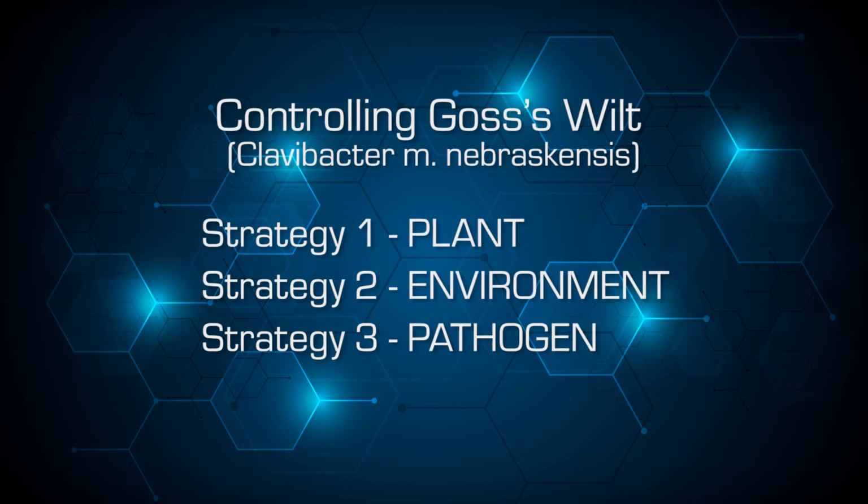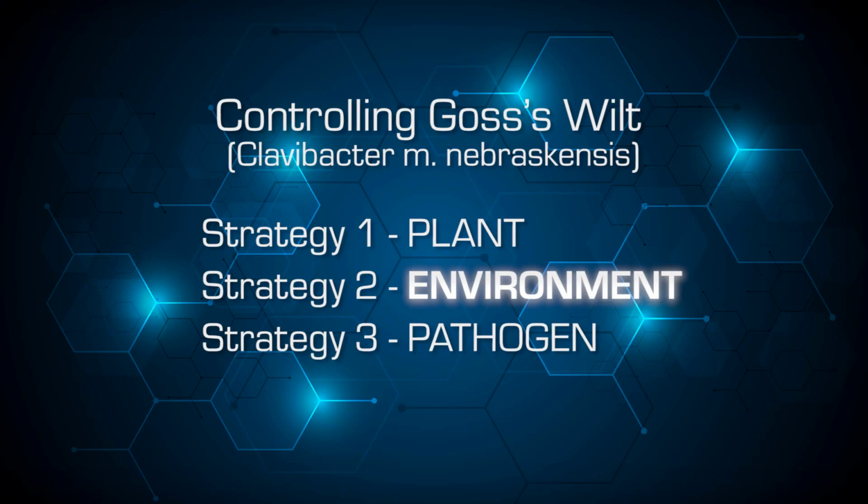We need to still focus on all three strategies. We need to focus on the plant, have clean seed, have as high a level of resistance as we can in that plant. We need to have optimum nutrition to make that environment for the Clavibacter as least conducive as possible and as favorable for the plant to maintain its resistance.